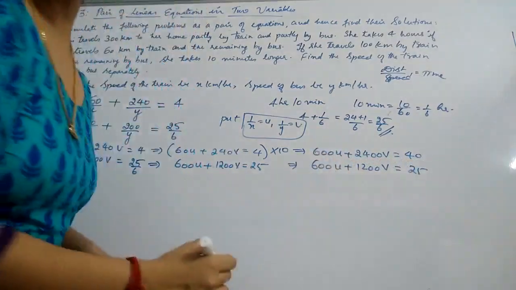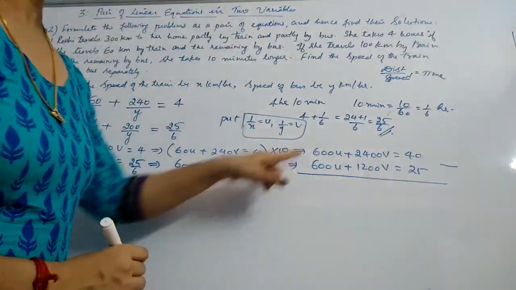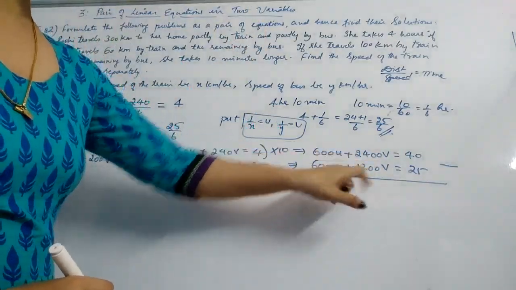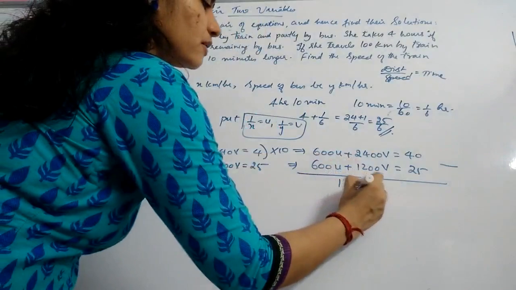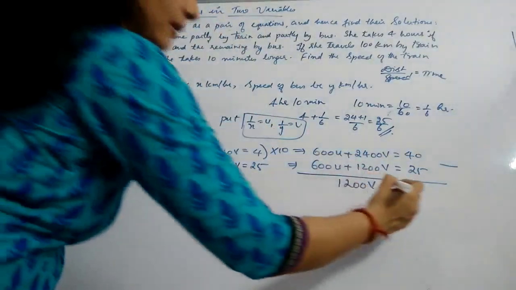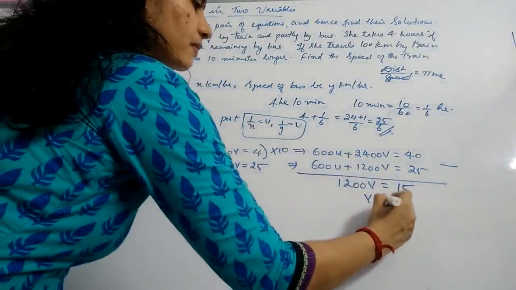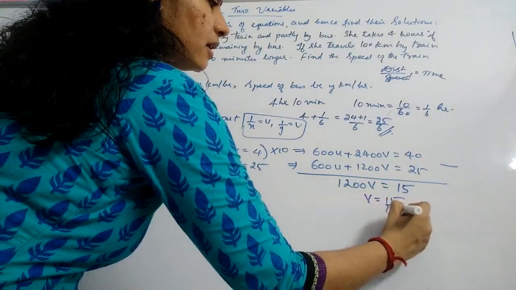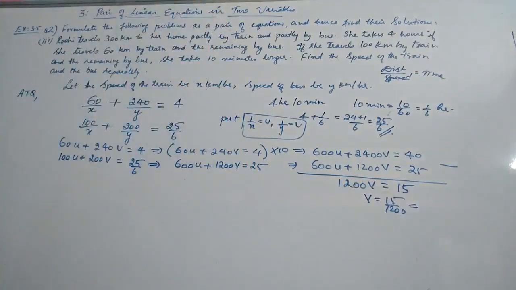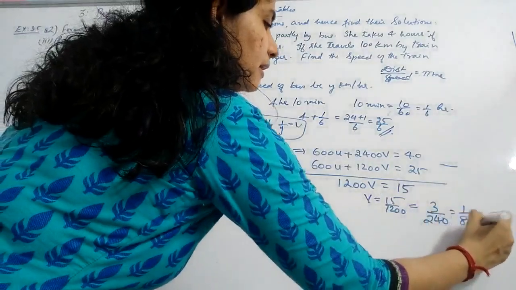Now since the coefficients are same for u, you can just use the elimination method. Subtract the two, this will go, you'll get 2400 minus 1200, which is 1200v is equal to 40 minus 25 will give you 15. Okay, so that your v is 15 by 1200, which is 1 by, or you can just say 3 by 240 or 1 by 80.